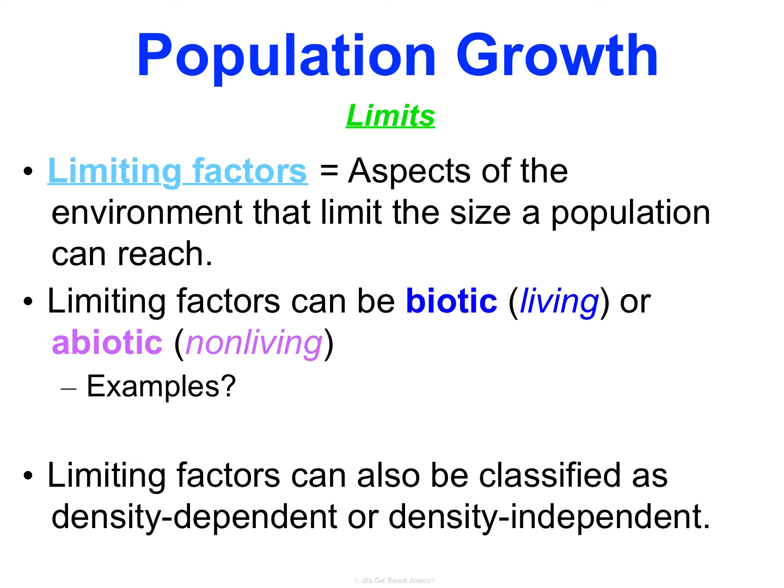So if that population of 100 bunnies has only enough dandelions growing on a small island to support 75 bunnies, then when the population overshoots that carrying capacity, it's going to cause death and it's going to bring the bunnies back down to 75. So that is an example of a density dependent limiting factor in a population. The bunny rabbits' population size is dependent upon the food source that's there.